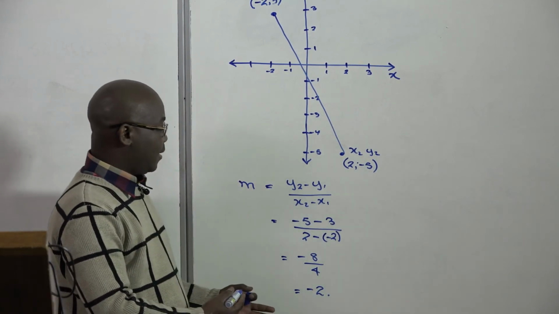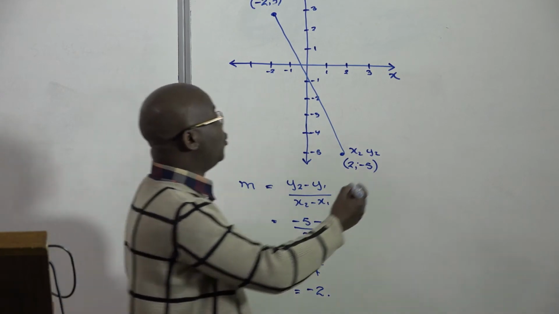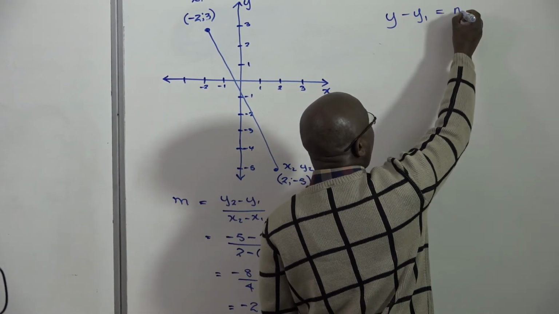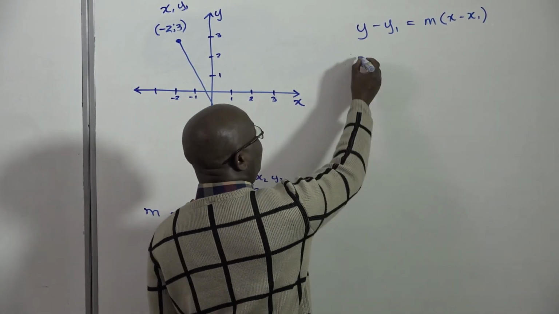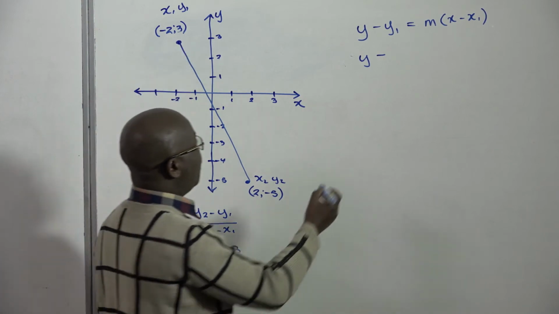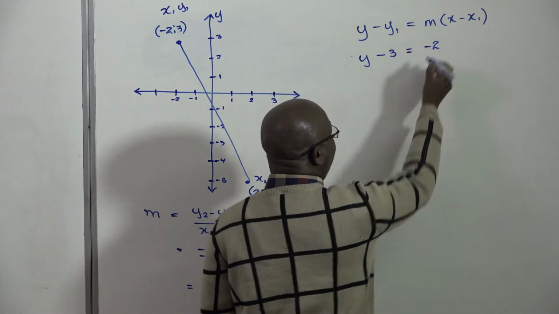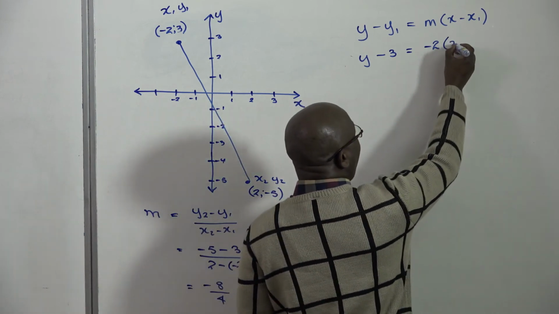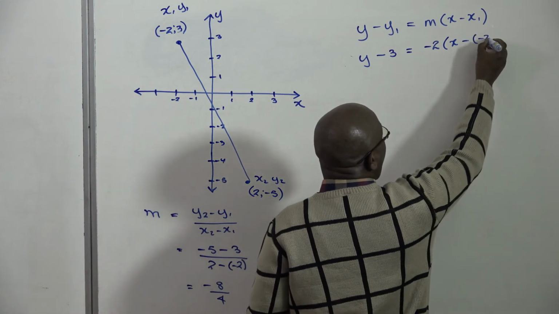When we have done this, then we take this gradient and introduce it in the general formula, y - y1 = m(x - x1). This becomes y minus our y1, which is 3, is equal to m, our gradient, which is -2, the one that we've just calculated, multiplied by x minus our x1, which again is -2.